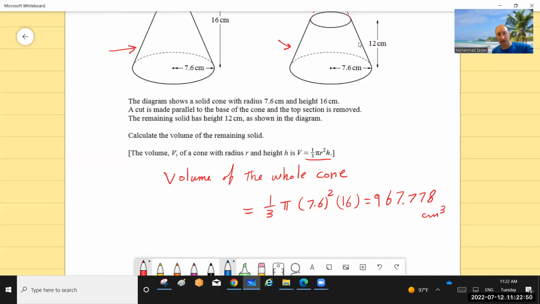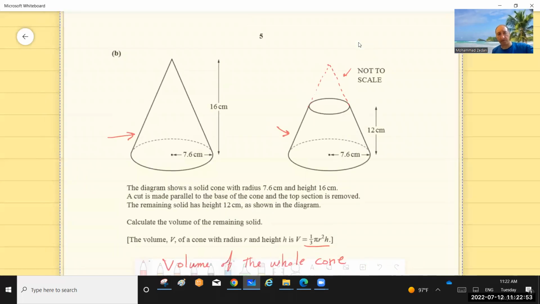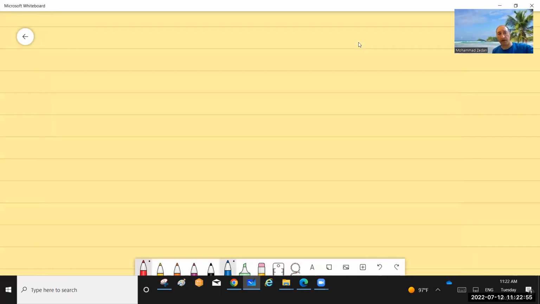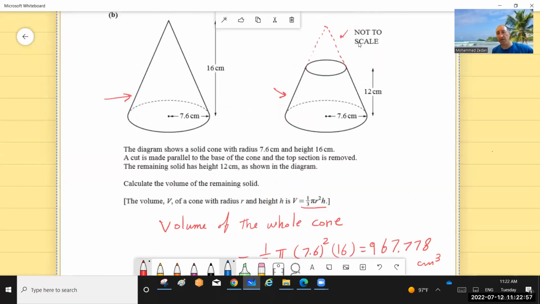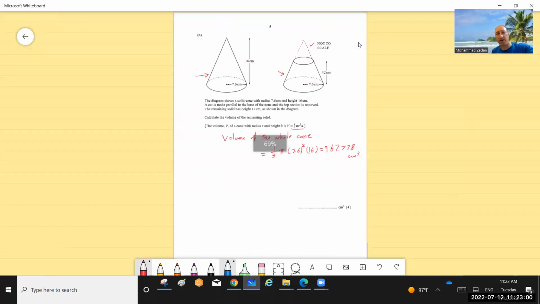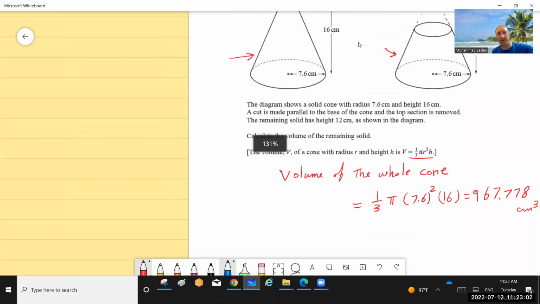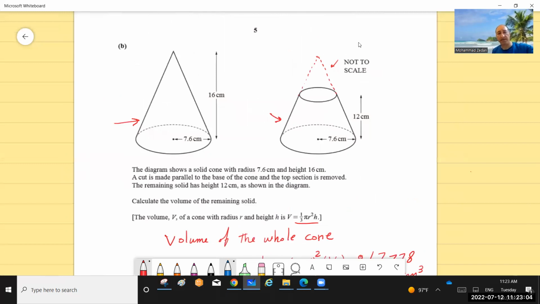Now I try to calculate the volume of the cut part and then subtract it from the cone here. This is the radius of it, and this is the height. This is 16. The remaining part is 12. So 16 minus 12 is 4. This height is 4, and there is a similarity between these two triangles.